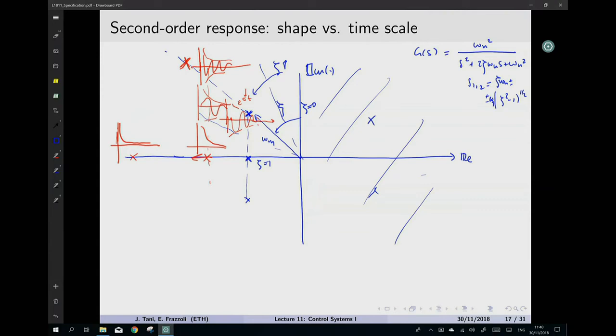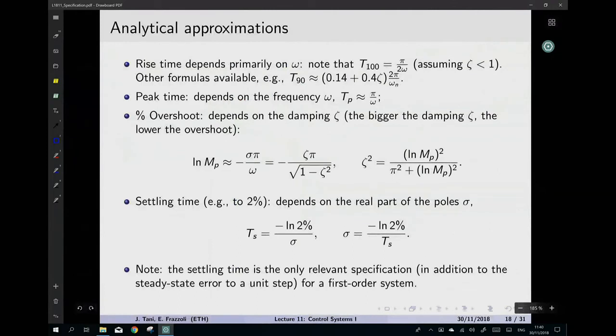And thanks to these, this is really ugly, but every control student has to go through this, and you don't have to take it as it is. So there are these analytical approximate relationships that relate the performance metrics that we defined before with the natural frequency and the damping of our response.